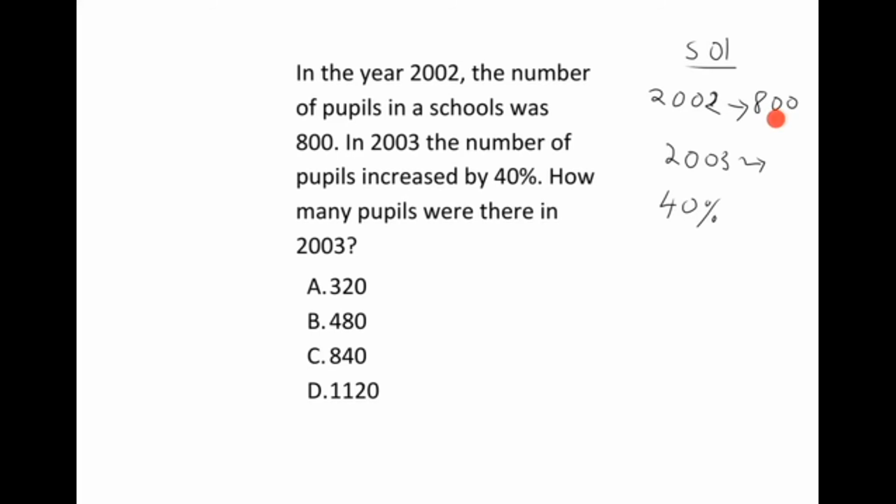From there, we can get the number of pupils in 2003. Now, 100% is equivalent to 800 pupils.